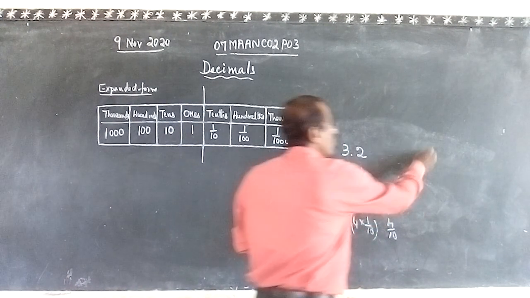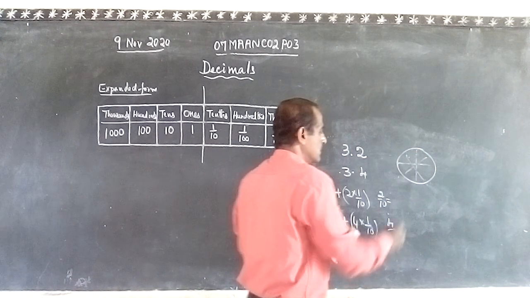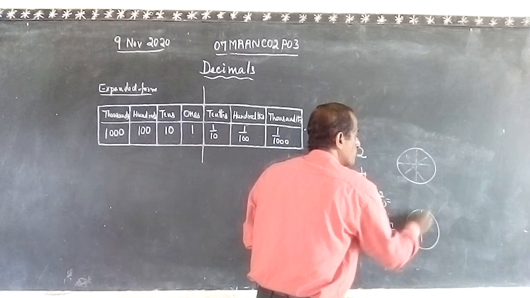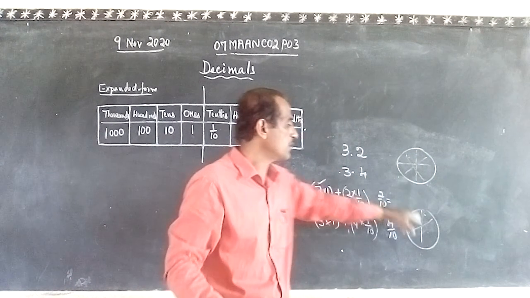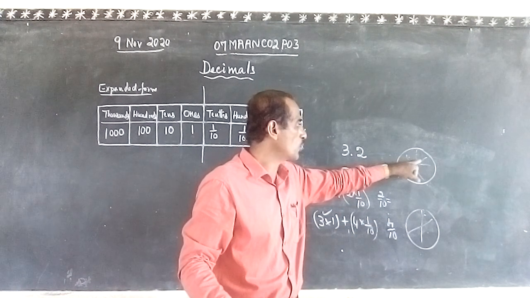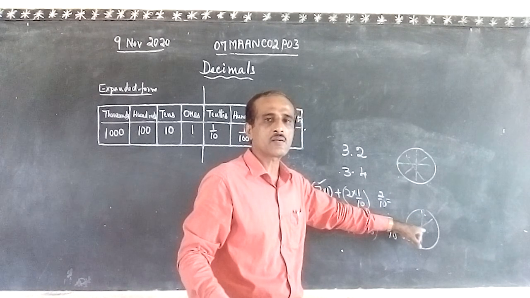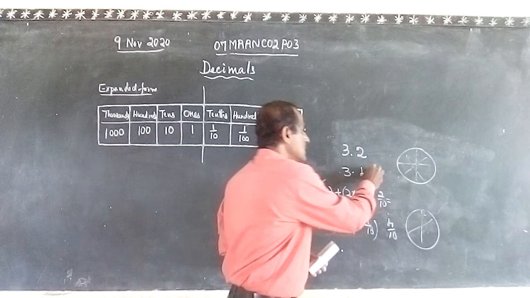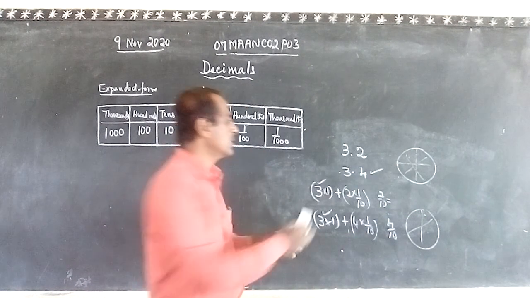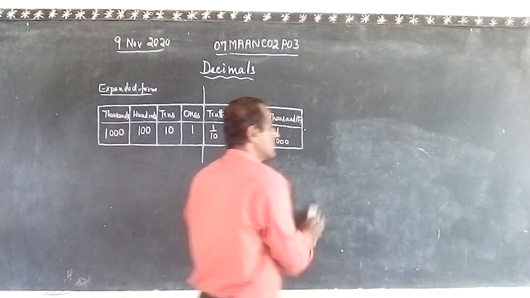Out of 10 parts, only 2 parts. Here, out of 10 parts, 4 parts are there. So 2 parts is less than 4 parts. 4 parts are more. Therefore, this is the larger number. So in the 1/10th place, if the number is greater, that number is greater.